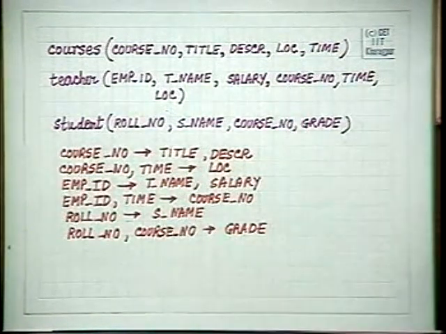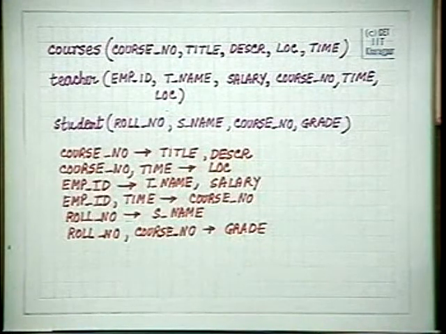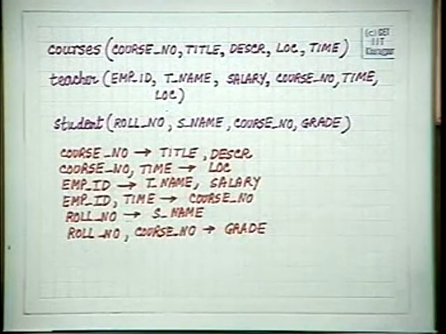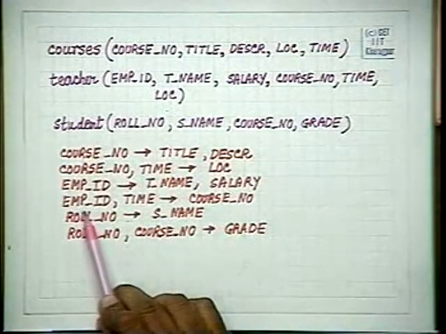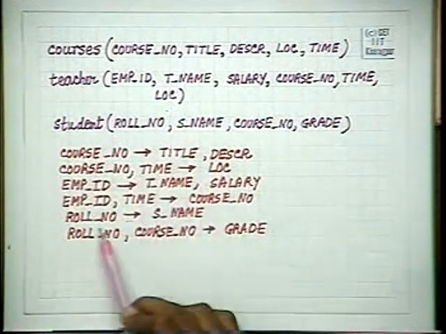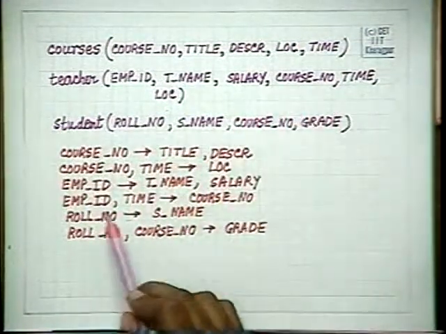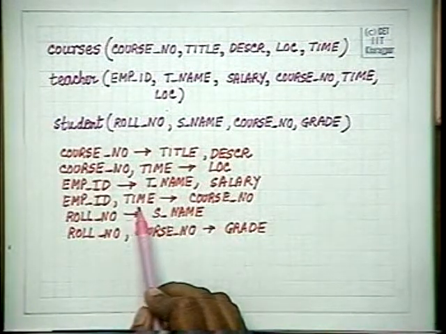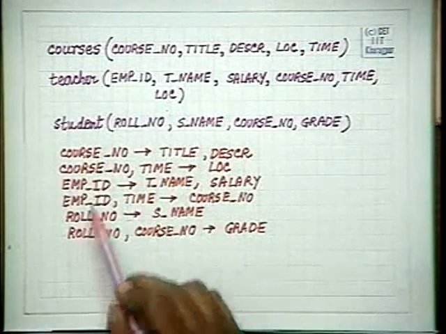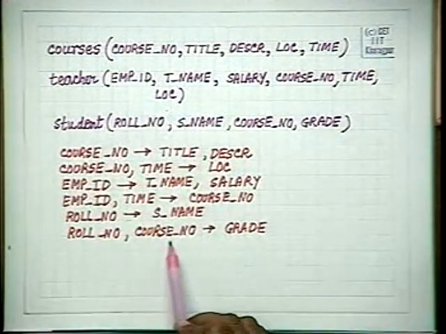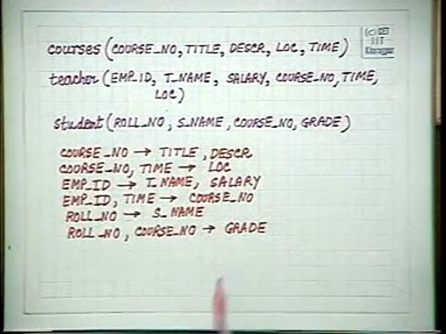It should also give the location, in fact, because course number and time gives the location. Employee ID and time gives course number, and course number and time gives location, so we will get location from employee ID and time by transitivity. And finally, here roll number gives the student's name, and the roll number and the course which the student takes gives the student's grade.